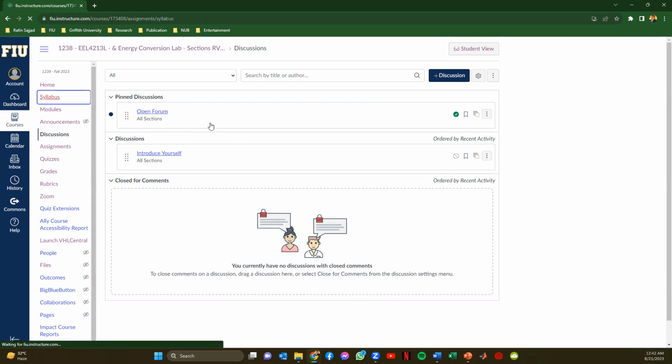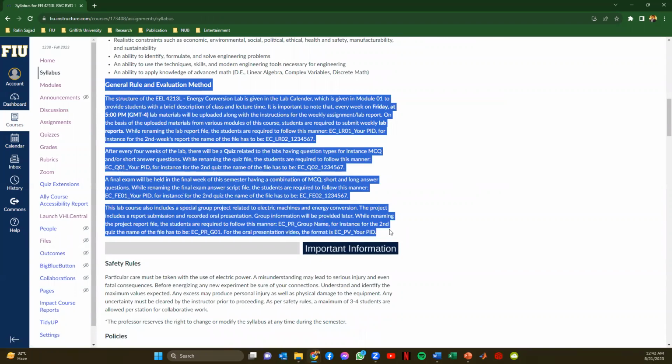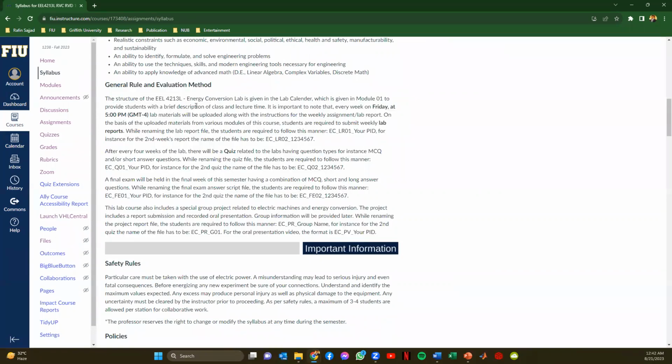And also please read the whole thing, especially this one, because I have mentioned in here how to do what. It's very important to note that every week on Friday at 5 p.m. GMT-4, that means US time, I'll be uploading lab materials in PDF forms, in video forms, and in MATLAB Simulink forms.